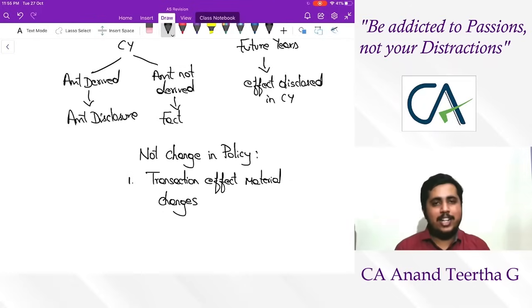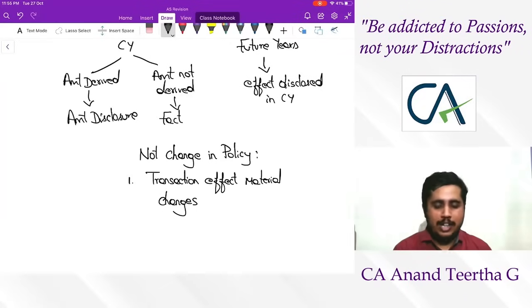Now, transaction was considered in a way which is now entirely different. Again I repeat, there was one transaction which was considered in one way. Now you are totally changing that to other way.